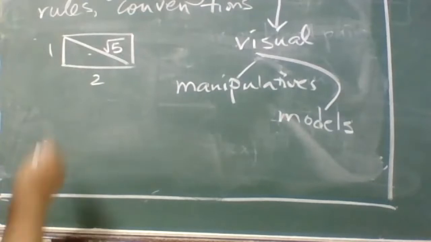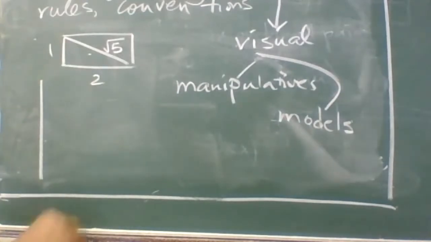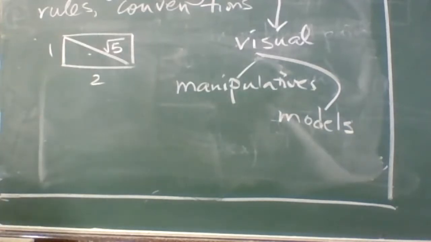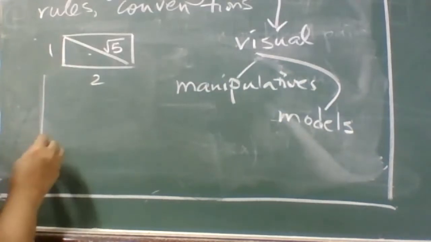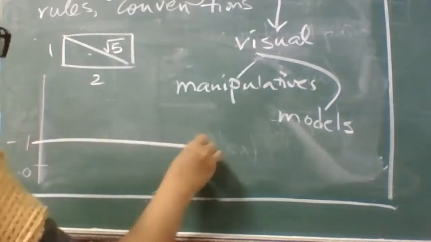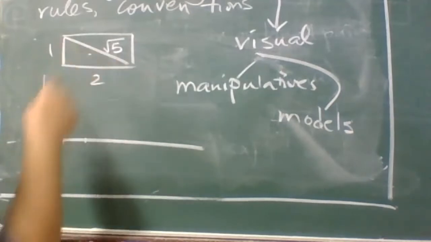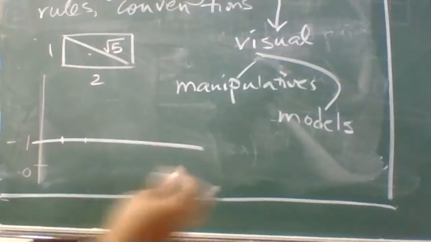Now, let's say we have this vertical number line, and there is the 0 and there is the 1, and through 1 we draw the horizontal number line. You can guess that root 5 is between 2 and 3.